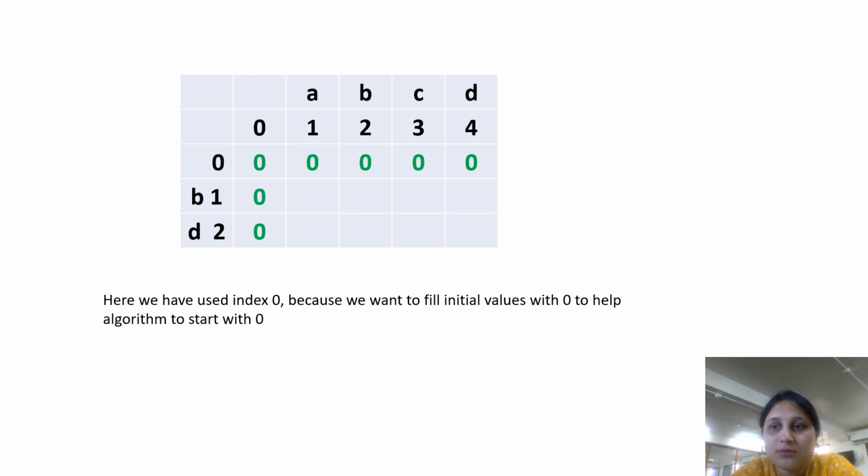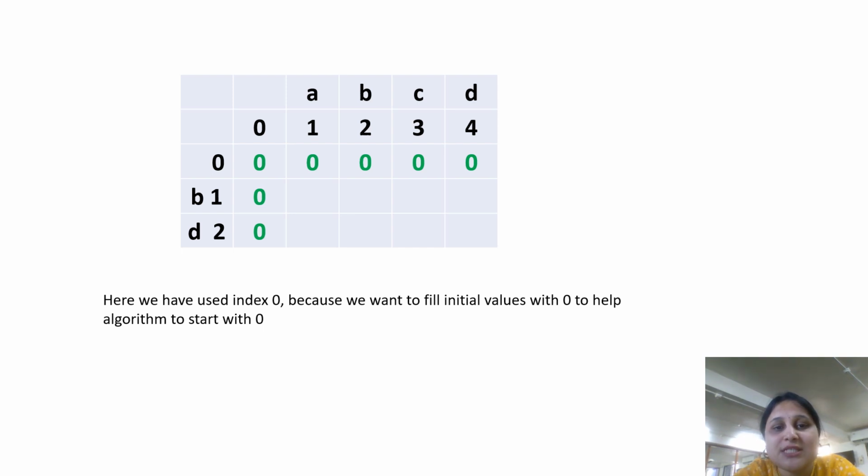Now next slide. As per our rule, if the first character of row 1 is matching with the first character of row 2, wherever they are intersecting, we put, as per the algorithm, the diagonal value plus 1. Suppose this B is matching with A, then we will write 0 plus 1, which is 1.